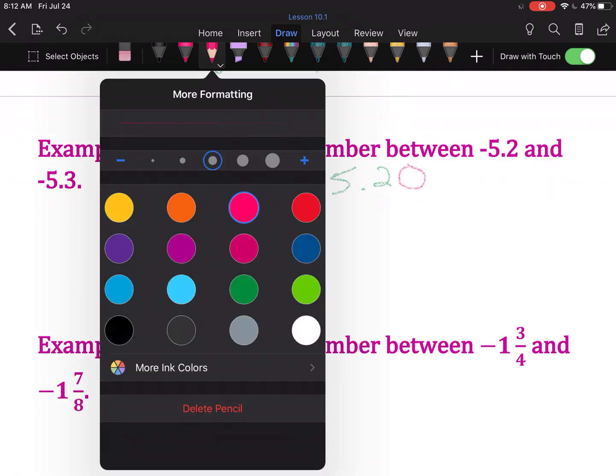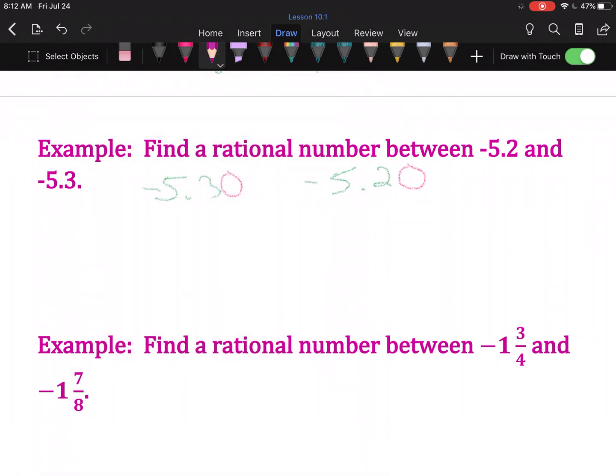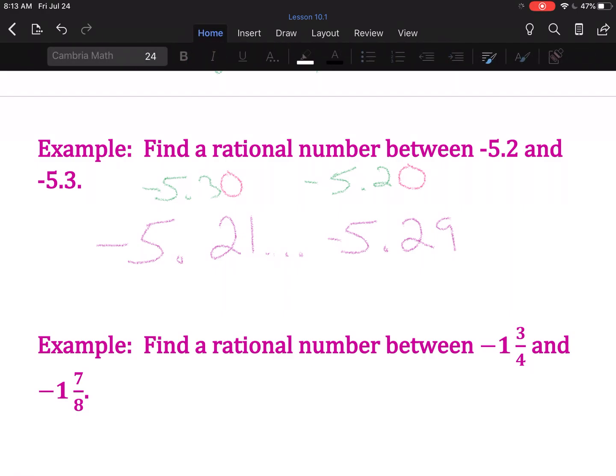The decimal parts are 0.30 and 0.20. So literally it could be -5 point, and now you've got the choices of anything from 21 up through 29. Anything in between those two would work, including those two, -5.21 and -5.29.